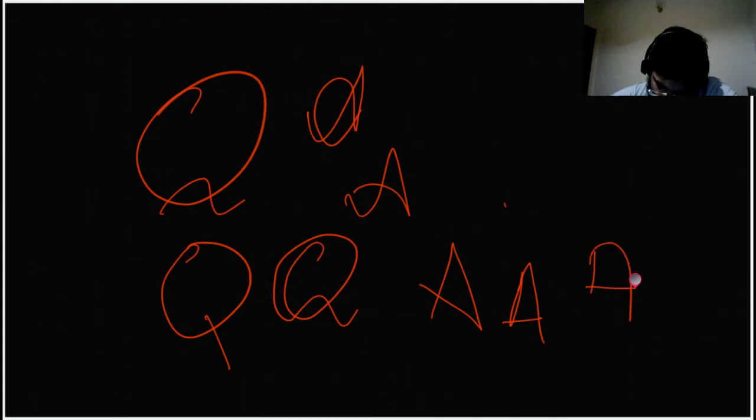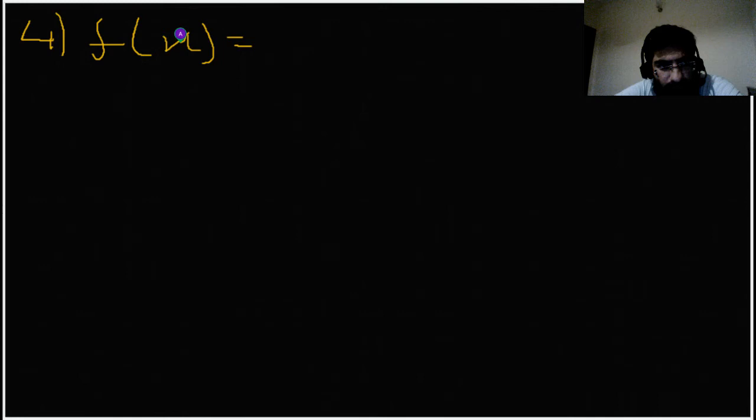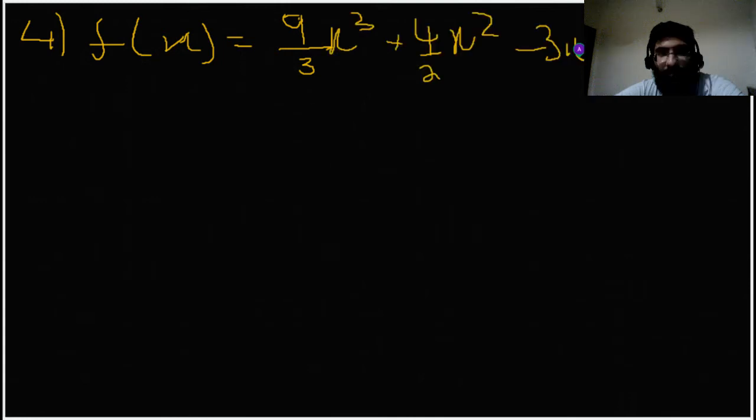Question numbers 4 through 10, Exercise 9c. Okay. f of x is equal to 9 by 3... 9 by 3 x cubed plus 4 by 2 x squared minus 3x plus c.